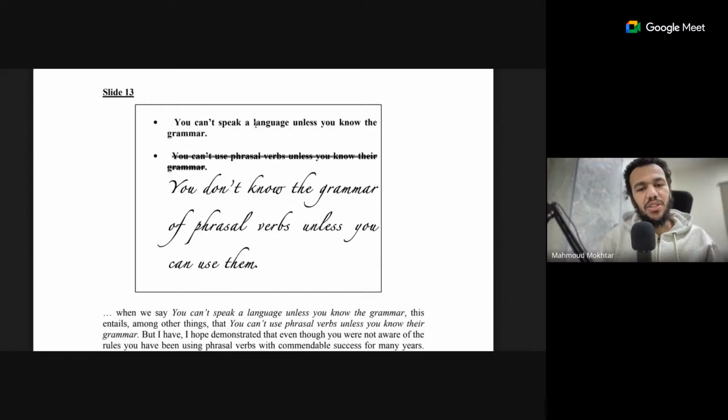Slide 13. Oh, yes, that's the flashback. You can't speak a language unless you know the grammar. You can't use phrasal verbs unless you know their grammar.